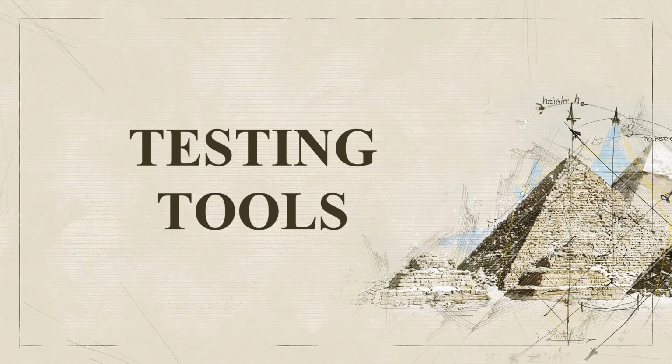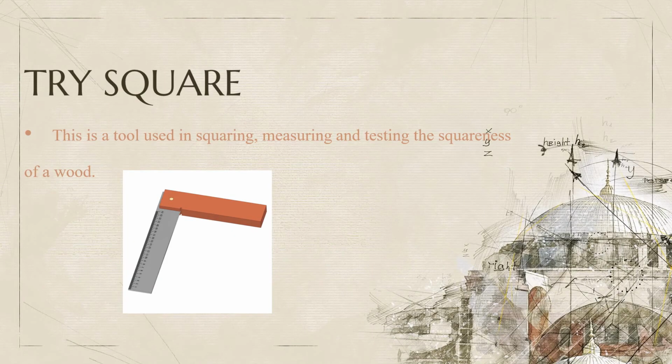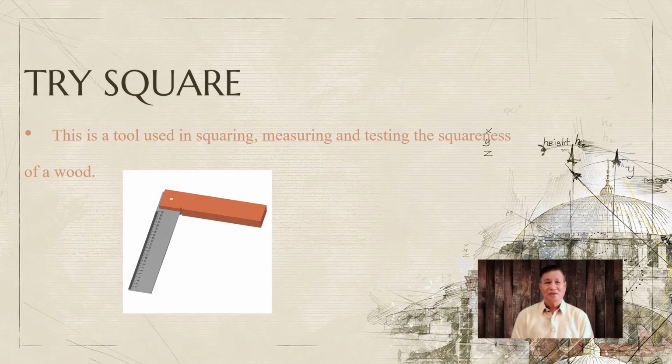For the third classification of hand tools, we have testing tools. Under testing tools is the try-square. A try-square is a tool used in squaring, measuring, and testing the squareness of wood.